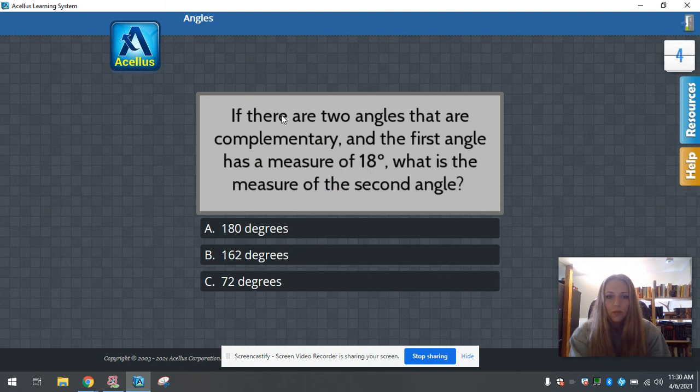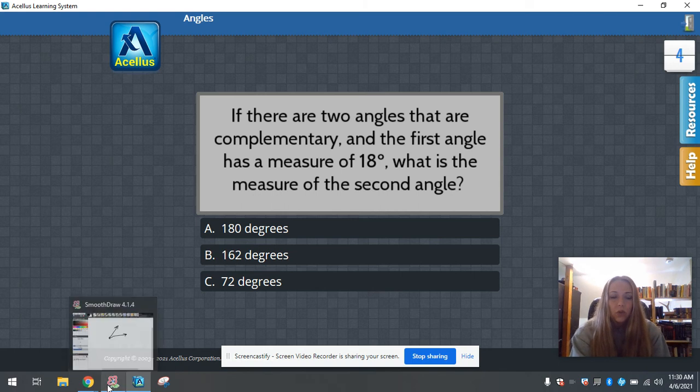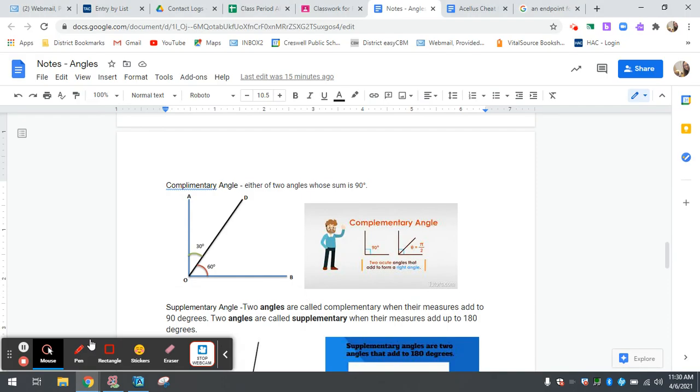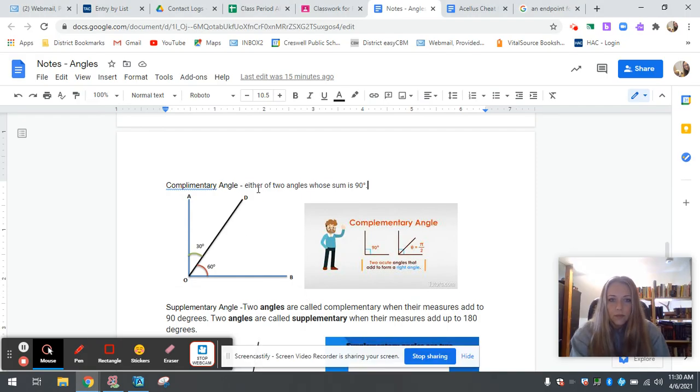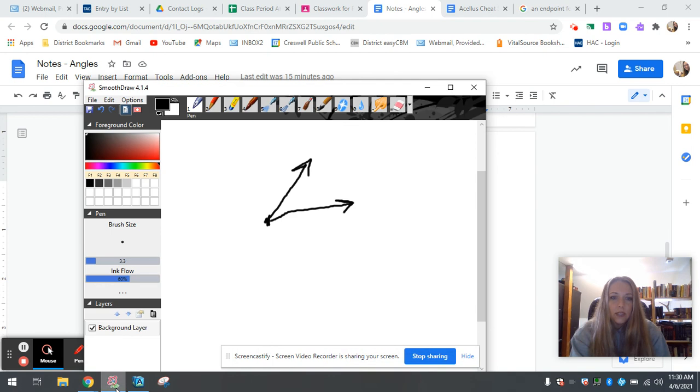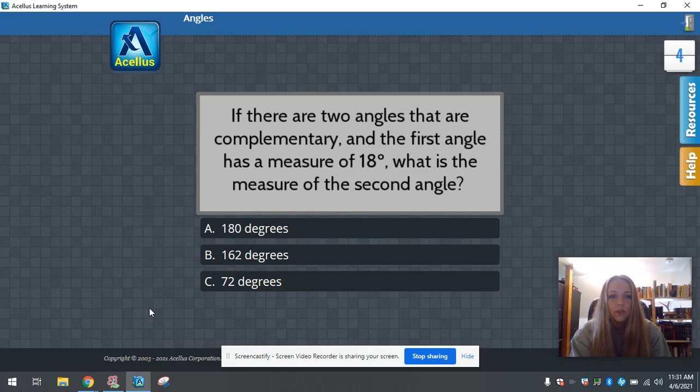If there are two angles that are complementary, and the first angle has a measure of 18 degrees, what is the measure of the second angle? So complementary means they sum to 90 degrees. So 90 degrees is going to be our total, equals something plus, what was it? 18 degrees.